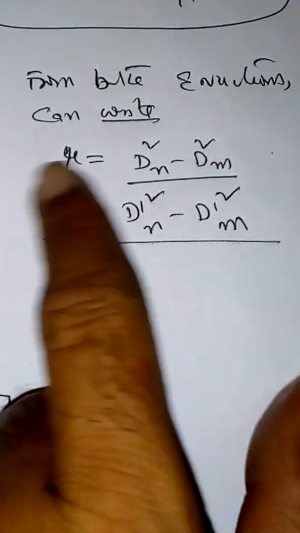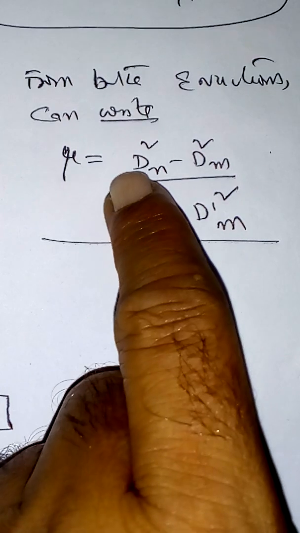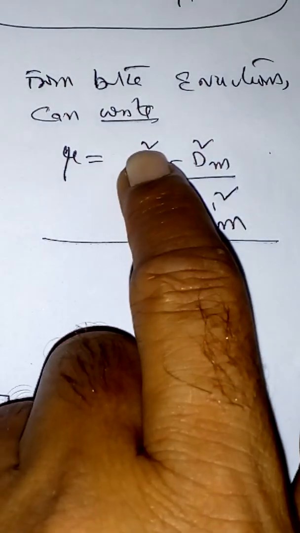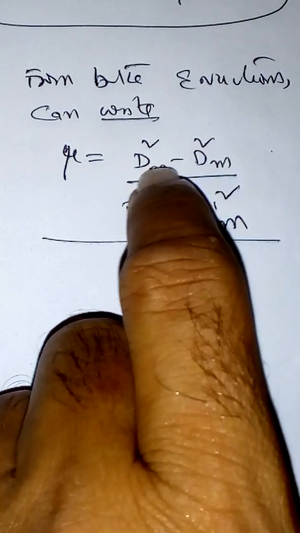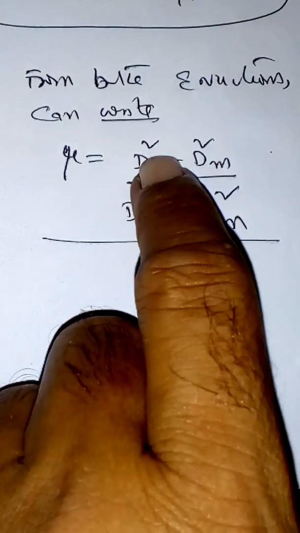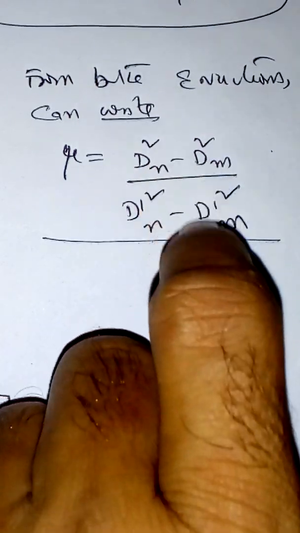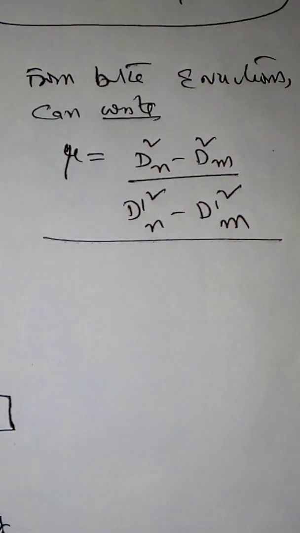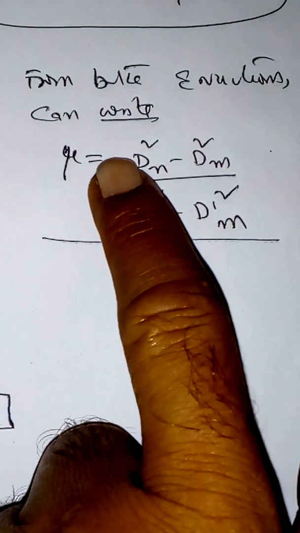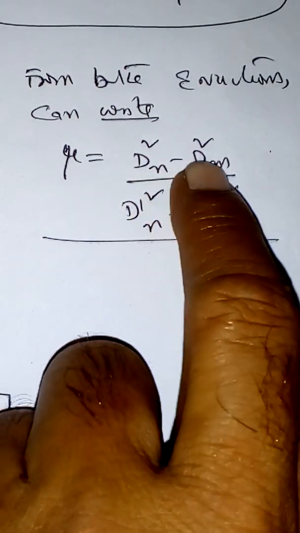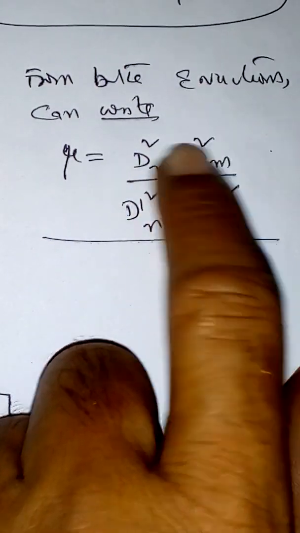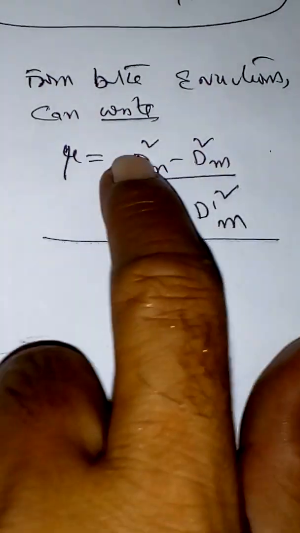That means it is a ratio of the differences of the squares of the diameters of the nth ring and mth ring, with air film followed by liquid film. What is d here? Diameter. This is the diameter square of the nth ring, this is the diameter square of the mth ring with air film.